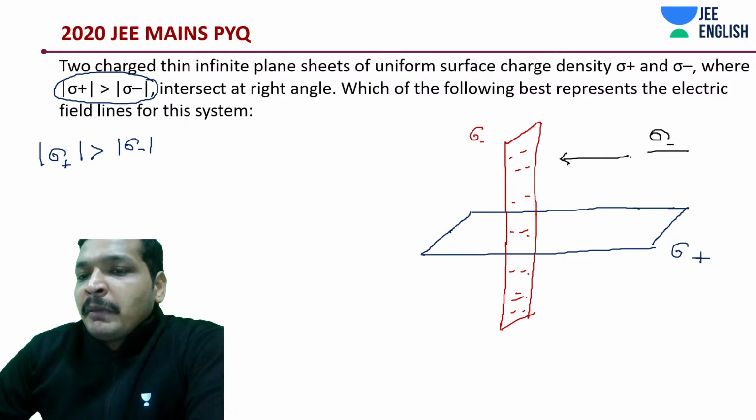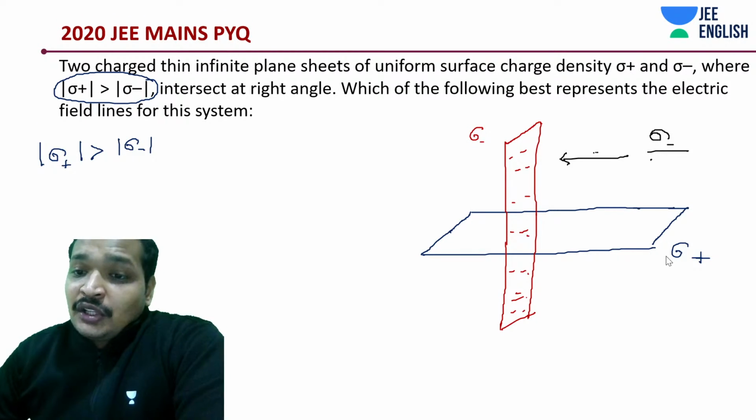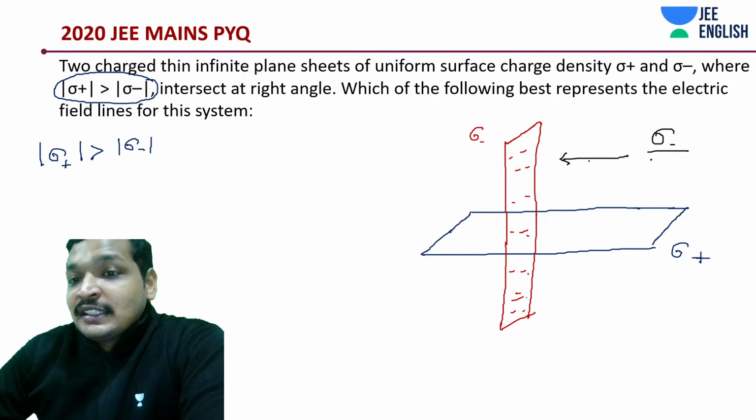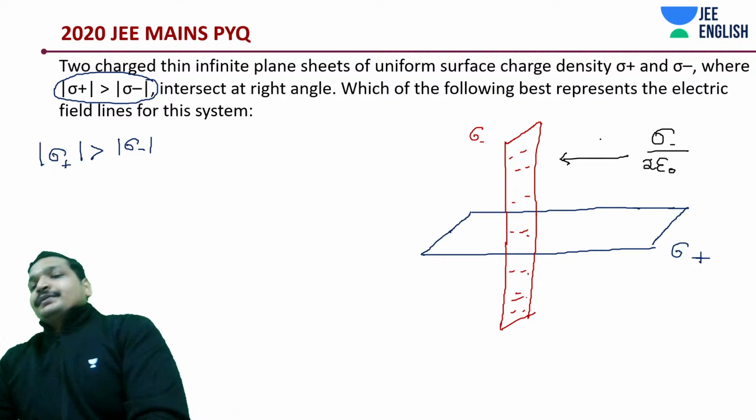Sigma negative by, this is sigma negative, which will ultimately be negative, so you'll be getting it in this direction, divided by 2 epsilon naught. This is the field in this direction.